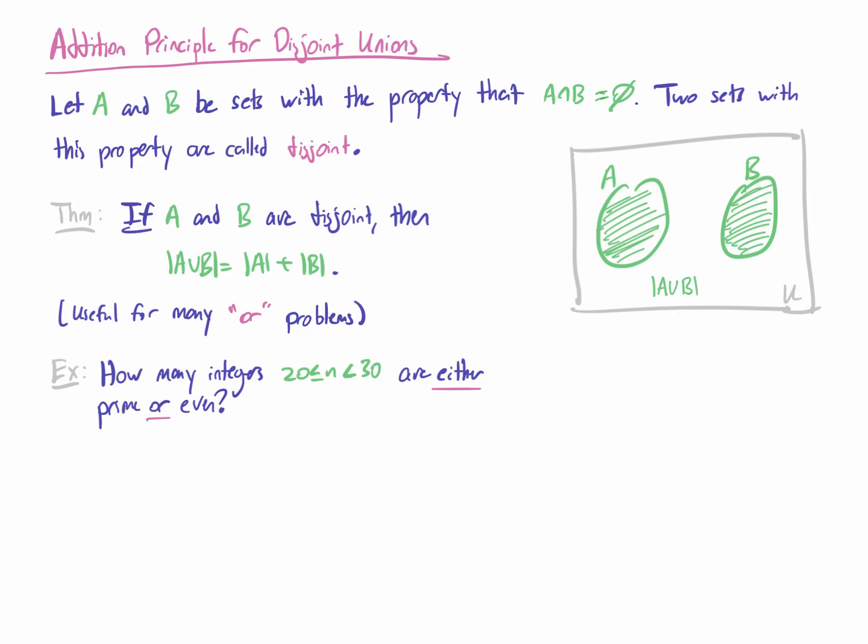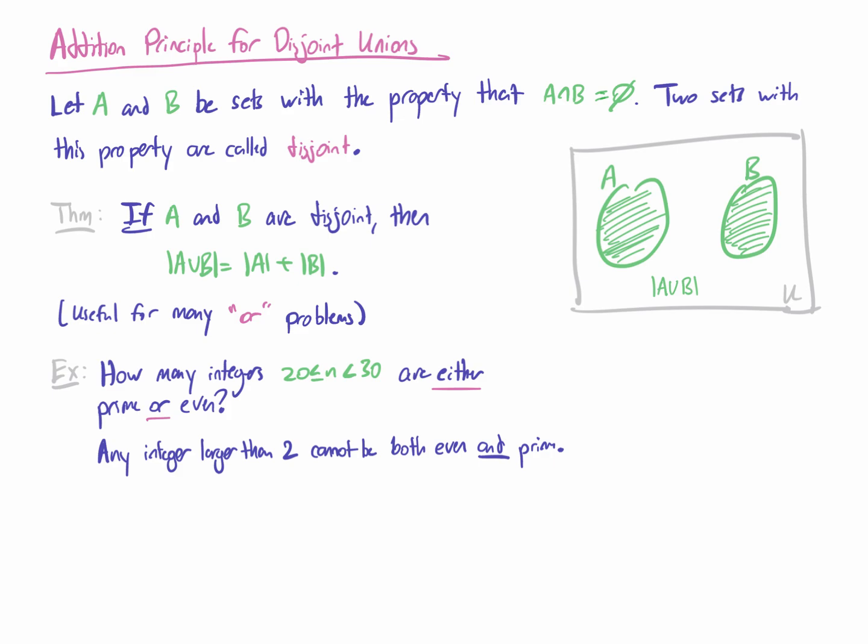The key thing to note here is that any integer larger than 2 cannot be both even and prime. So I am going to use this observation: the prime numbers larger than 2 are always odd. That's just the fact I'm using here.